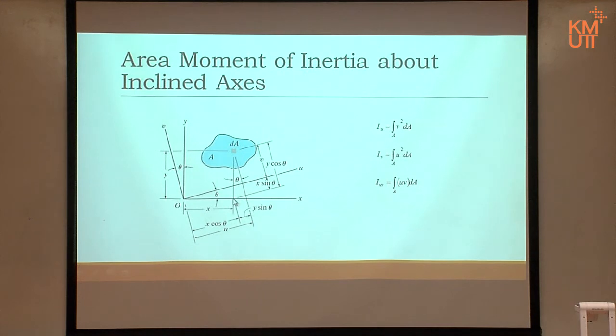From this point to that point, we call it y. If we look at this 90 degree triangle, this is theta, this is 90 degrees, therefore that one is y cosine theta, which they move to here, y cosine theta.